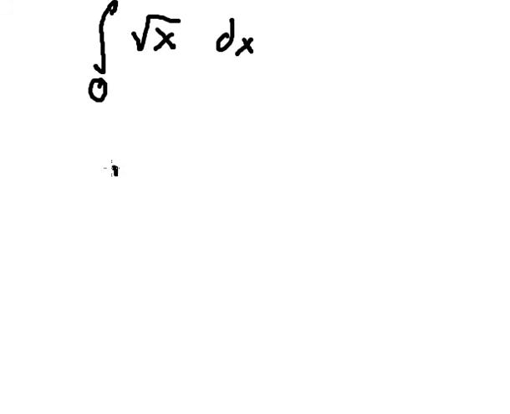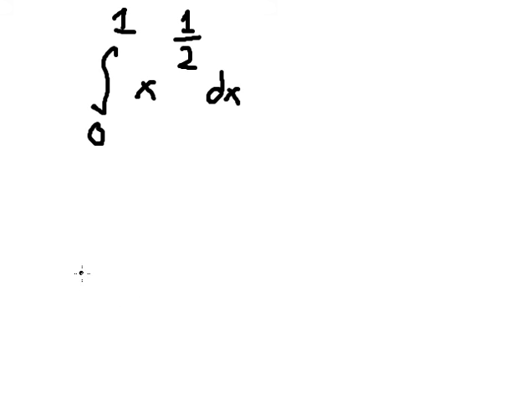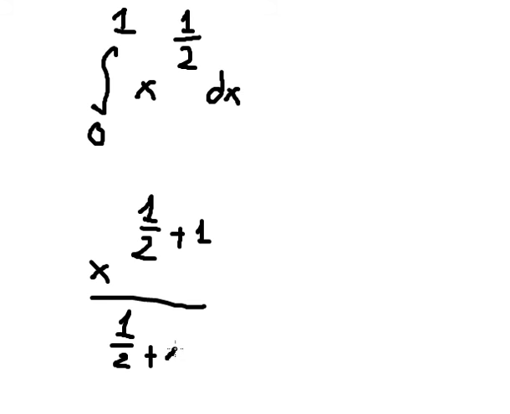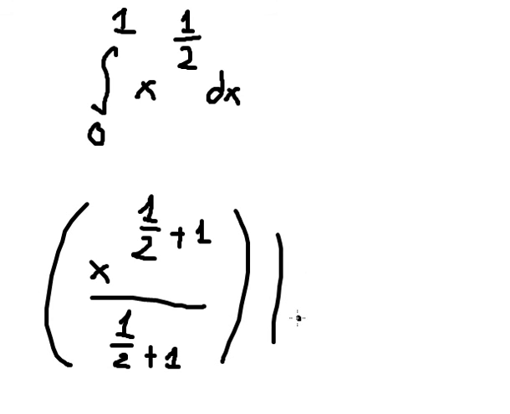So the square root of s, that is about s to the power of 1 over 2. The integration of this one, we have like this. And we put the bounds from 0 to number 1.